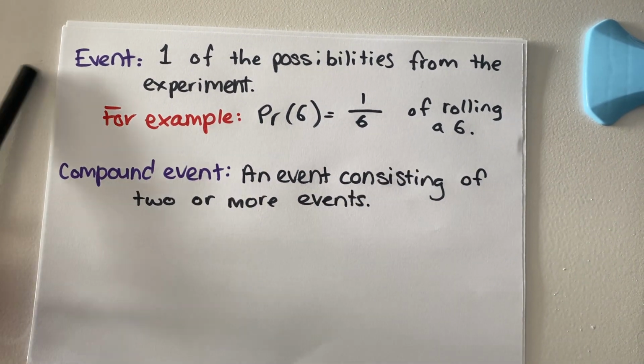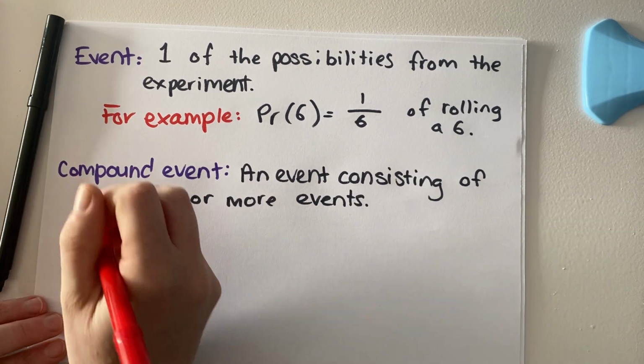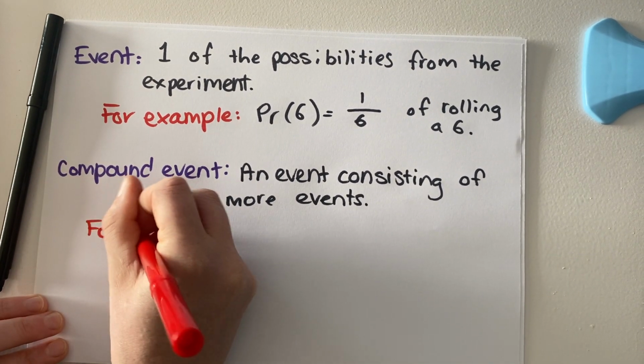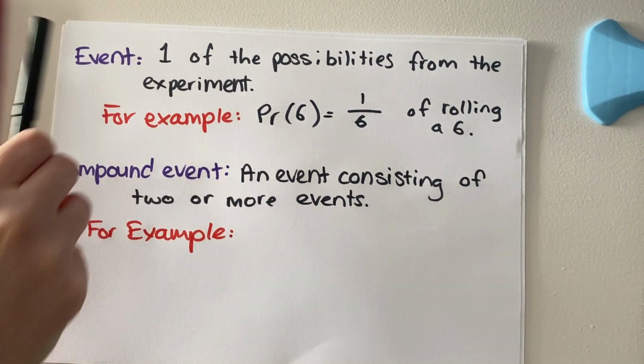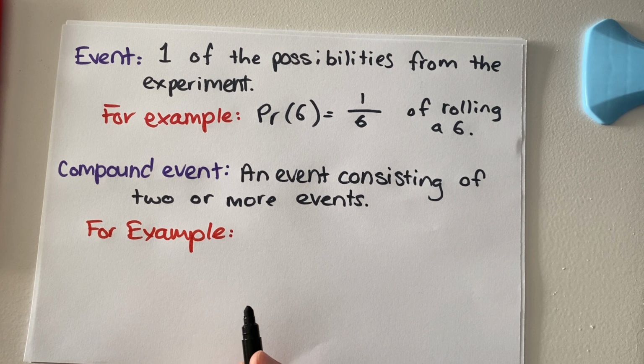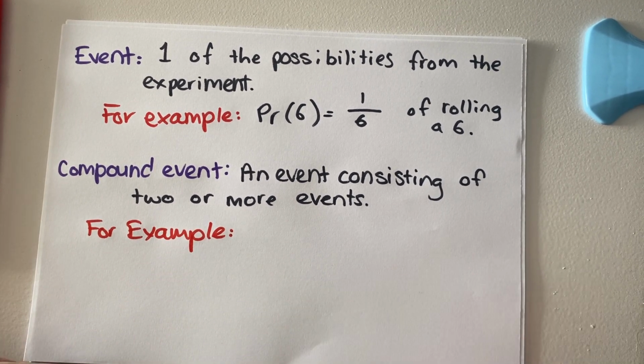So, for example, for this one, we could say, what is the chance of rolling a number higher than a 4?